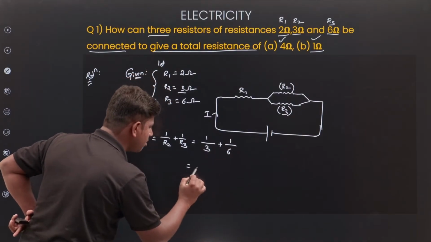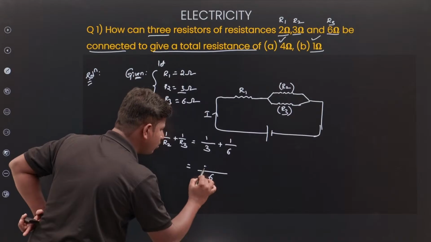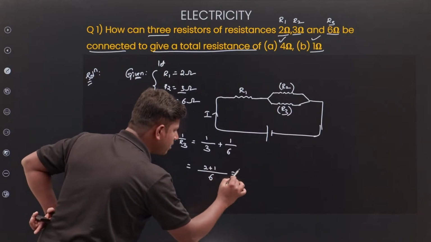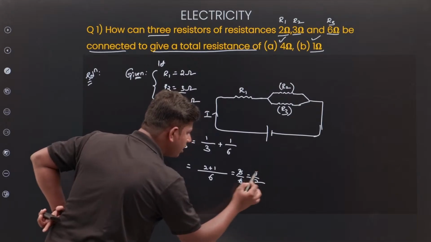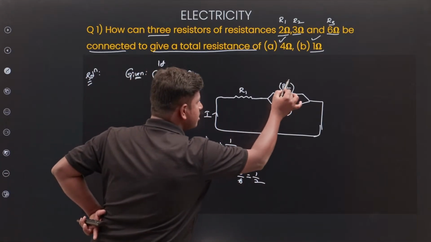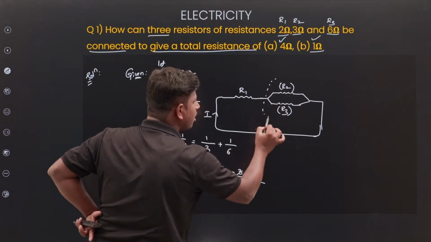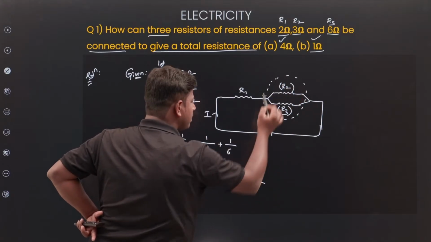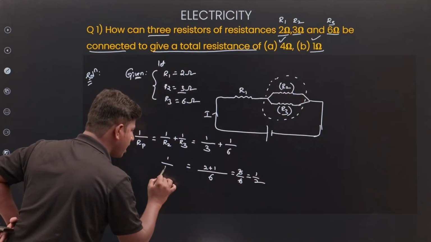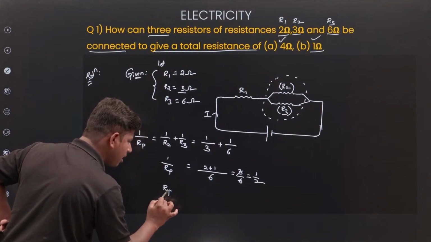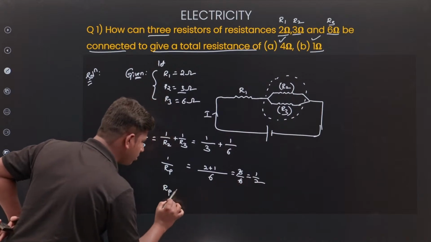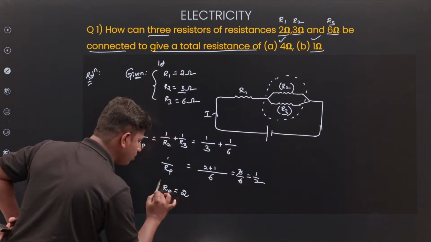So the LCM is 6: 2 plus 1, 3 by 6, then 1 by 2. Then the total resistance of R2, R3 combined: 1 by Rp is equal to 1 by 2. Then Rp is equal to 2.